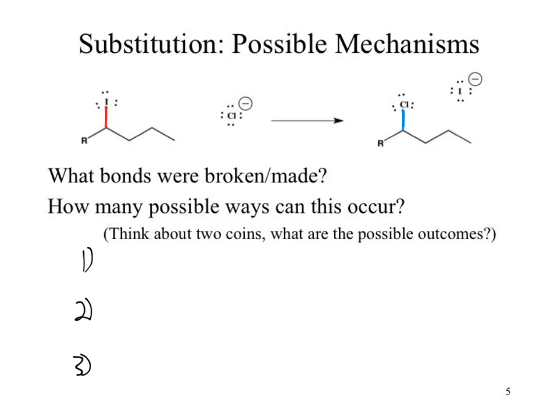We can say that both of those things happen simultaneously. So we can break and make our bond at the exact same instant. That is one option. Yes, I'm placing these in very particular numbering orders. What is another option?